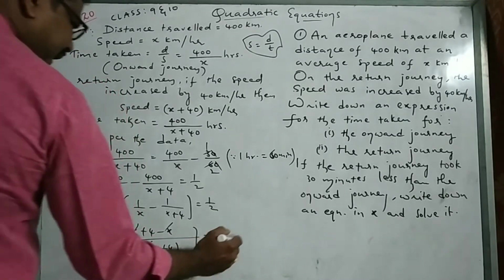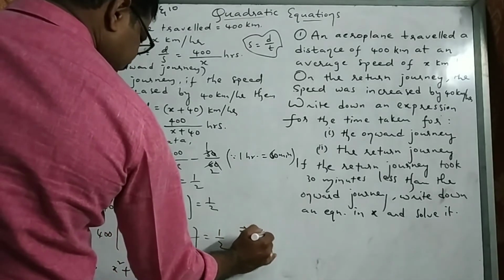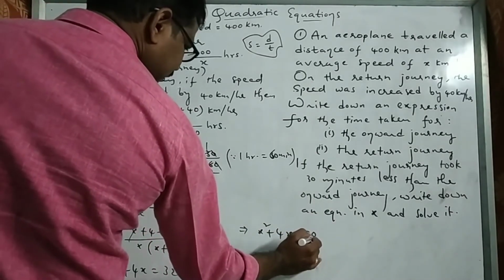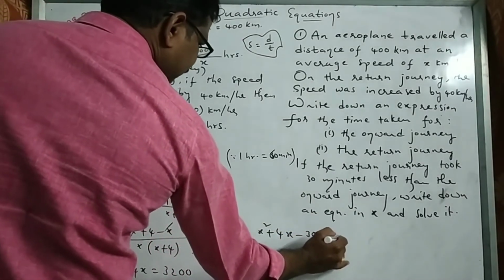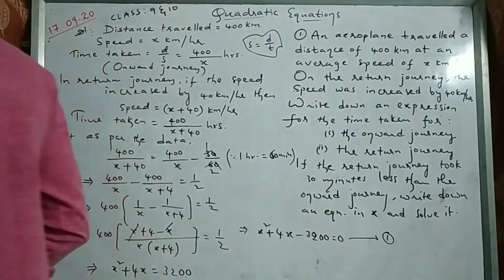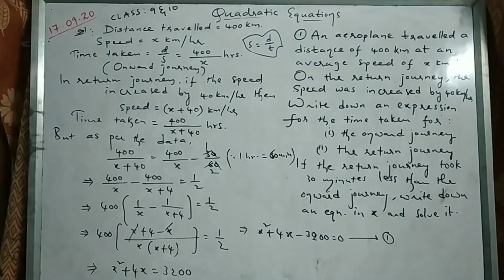So what is our required equation here? x square plus 4x minus 3200 equal to 0, which is the required quadratic equation. Right? Now I am going to solve that.